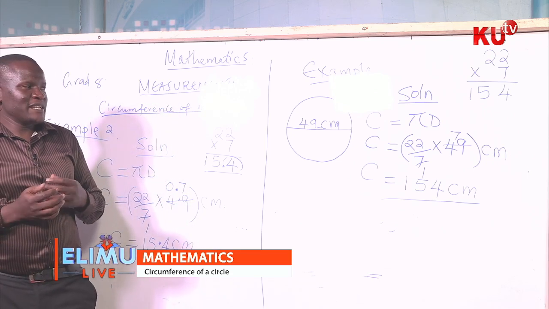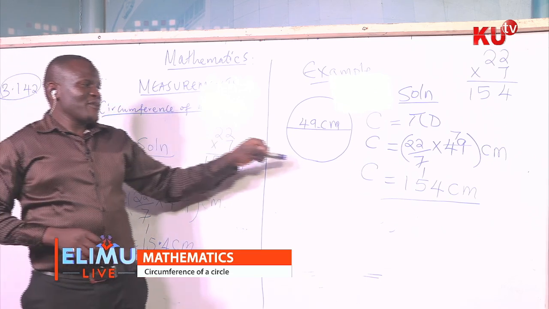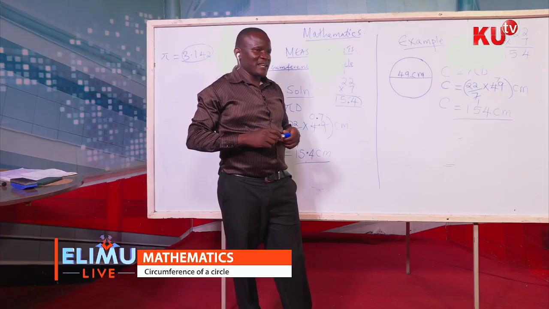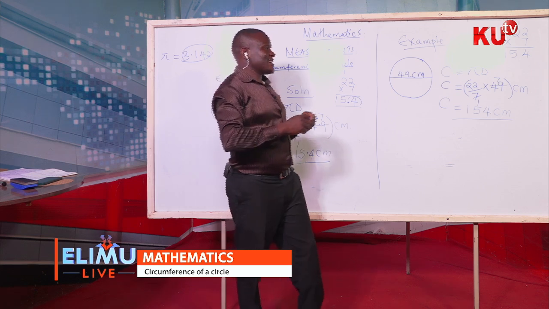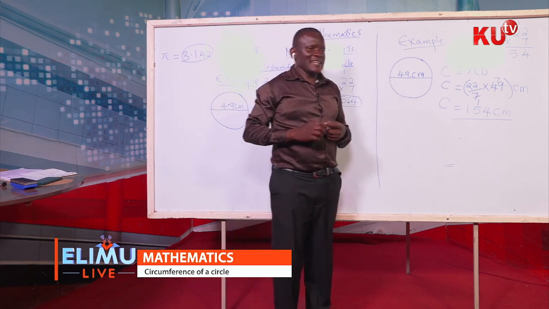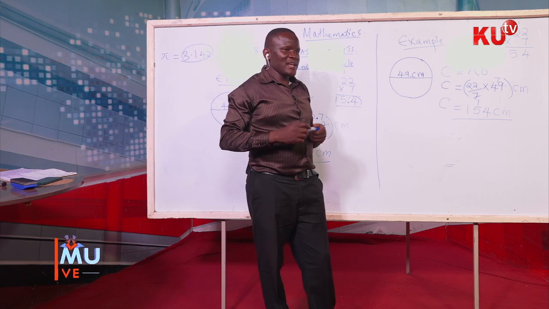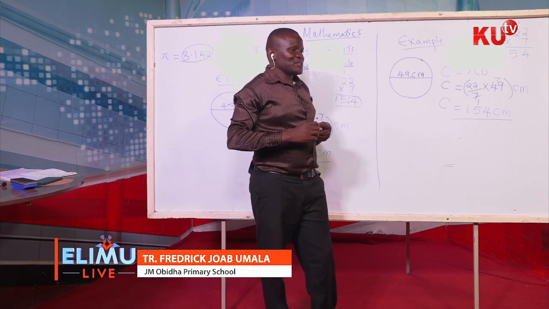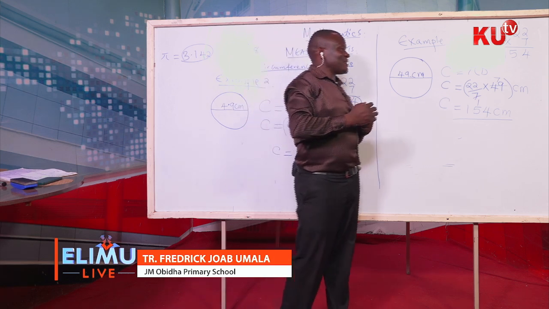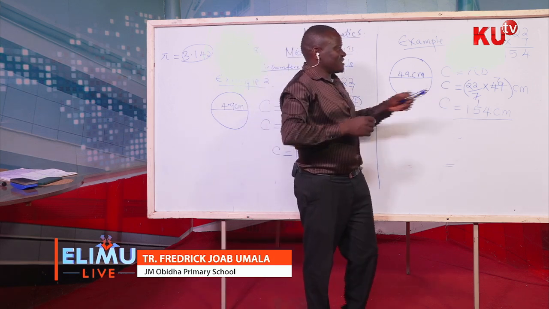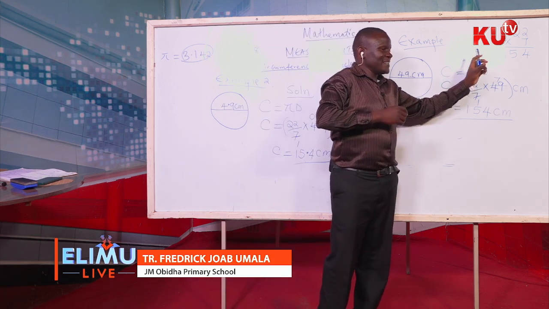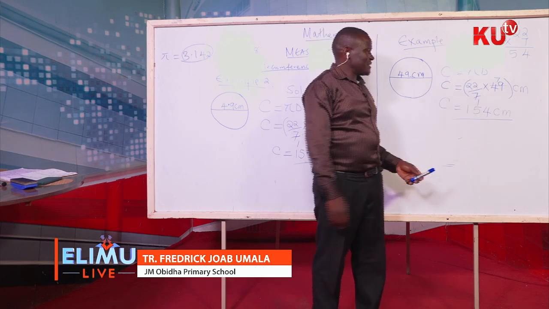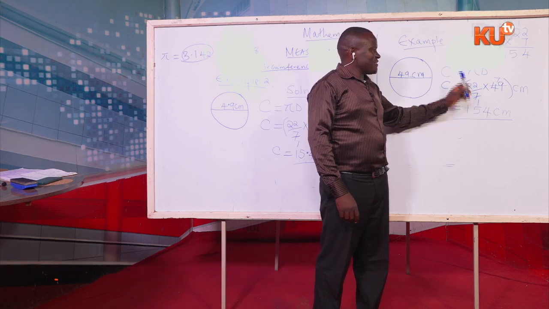Let me repeat. We were told to get the circumference of the wheel, and the wheel had a diameter of 49 centimeters. The wheel itself is circular in nature, and that's the reason as to why we are going to use the formula of our circumference to be pi d. Pi is 22/7.